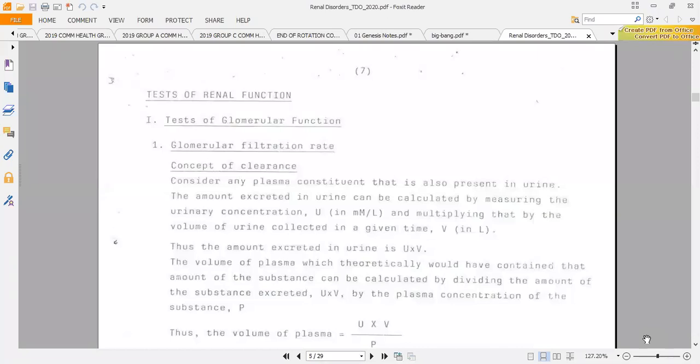Now you can imagine that 1 liter of blood is coming to the kidneys. We want to filter the plasma components, so you are looking at the plasma components. With this plasma component, only 120 mL of the plasma is filtered in a minute. So that's the concept of glomerular filtration rate.